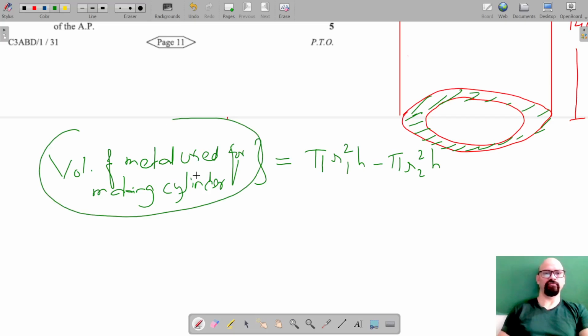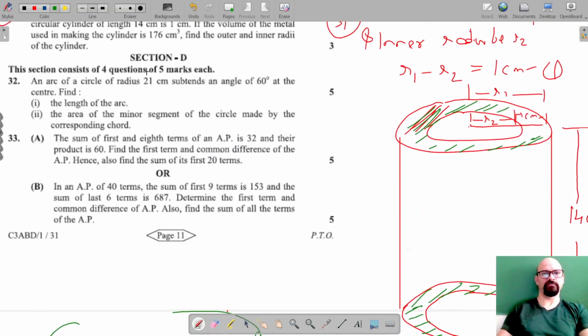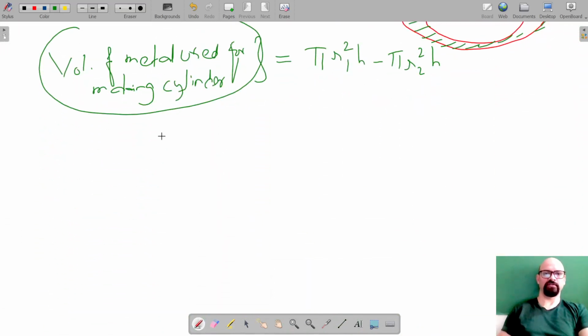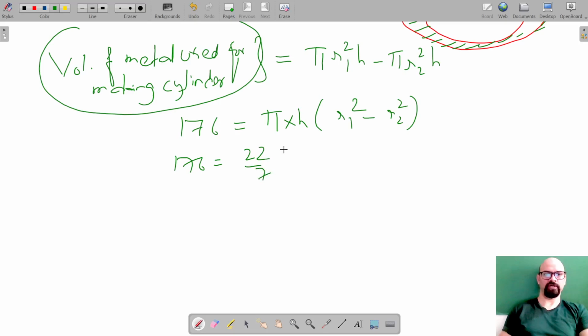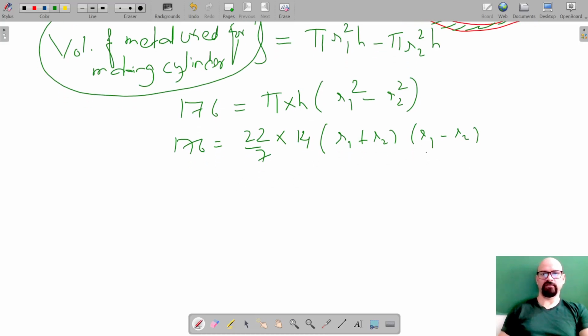The volume of metal used for making the cylinder is given to us as 176 centimeter cube. So this is 176 equals pi into h, r1 square minus r2 square. The value of pi is 22 by 7 and the height is 14. This is a square minus b square, so a plus b into a minus b, and r1 minus r2 is given to us as 1.